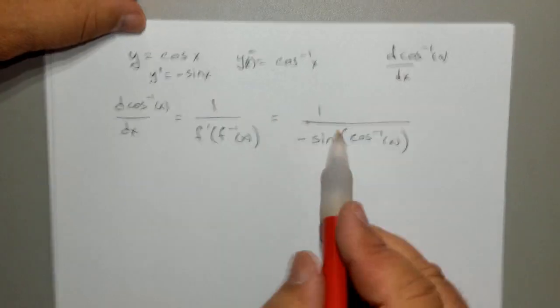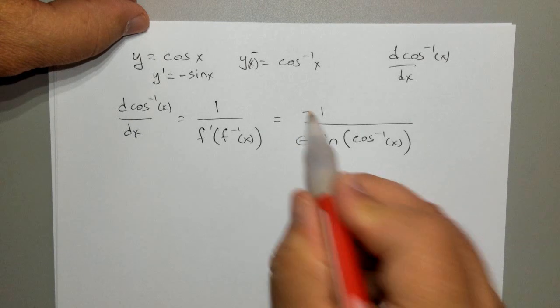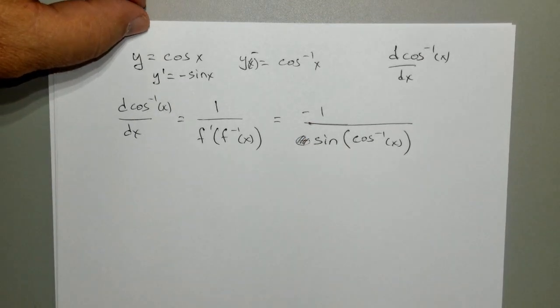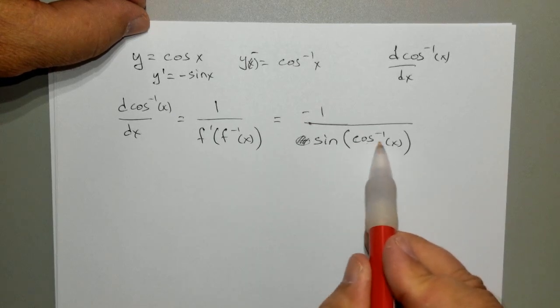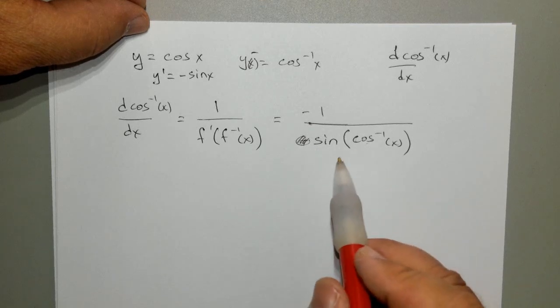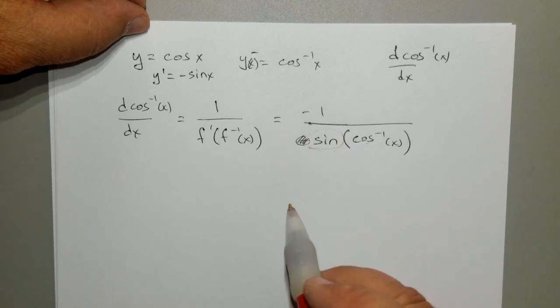Okay, so what do we do from here? Well, we'll put the negative up on top. Since we have an inverse cosine as the operation, what do we need out here to make it easier to solve? We need to have this in terms of cosine.